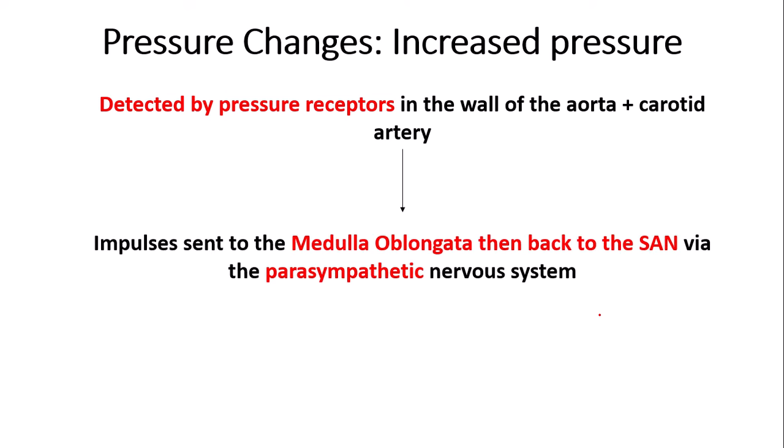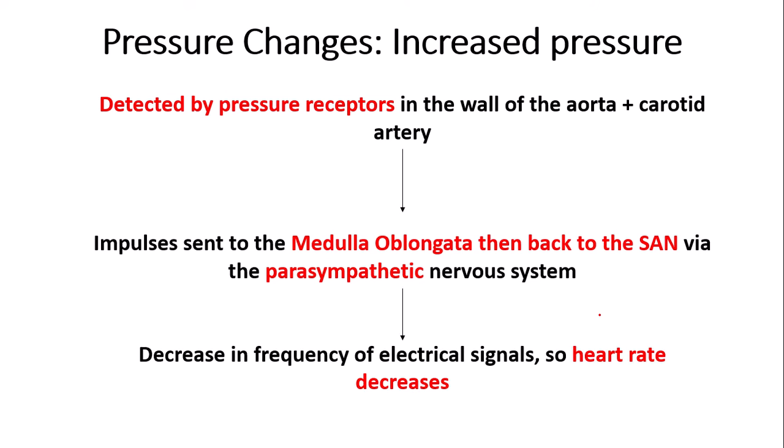So the next step is that the electrical impulses sent by the stimulated pressure receptors are sent to the medulla oblongata, and then the signals are sent back to the sinoatrial node when they have been processed by the medulla oblongata via the parasympathetic nervous system.